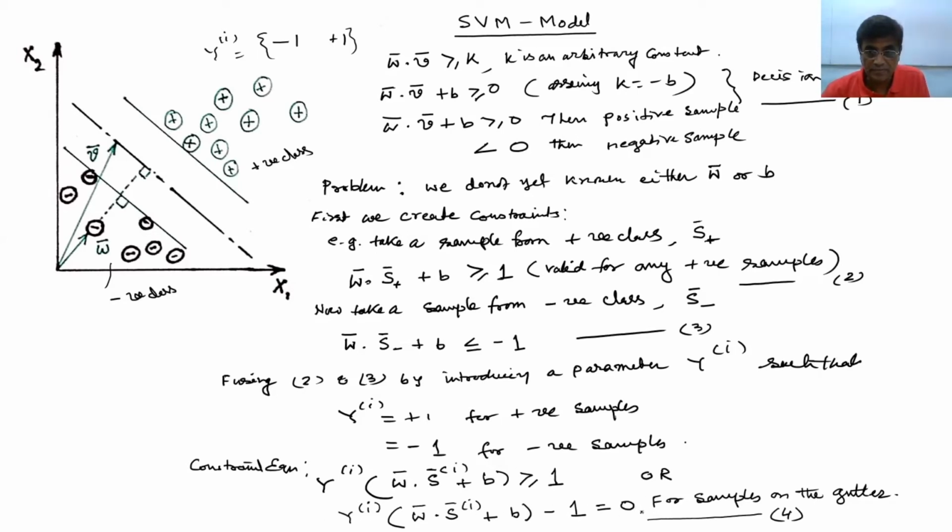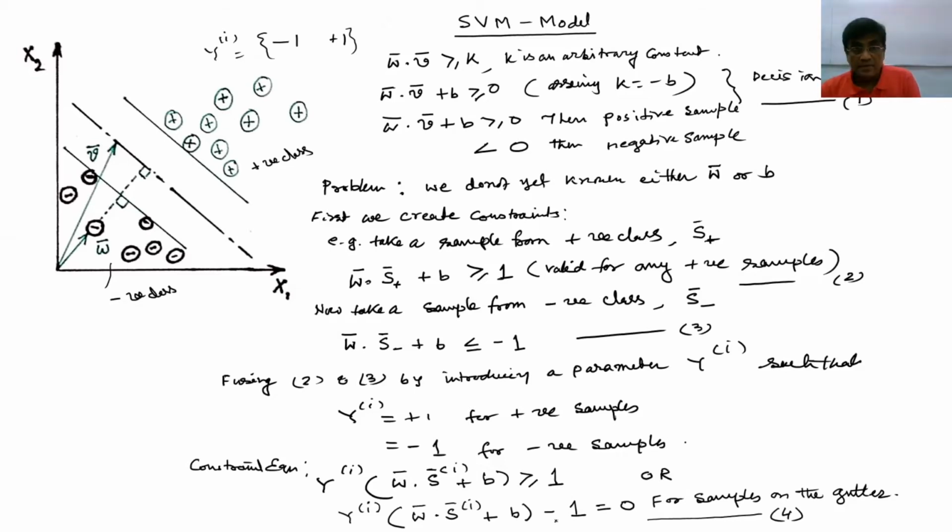So this constraint is a benchmark. If you want to be a support vector, that means support vectors are those vectors which are supporting the structure, as I told you, that they must be at the boundary of each class. So if you want to be a support vector, then you must follow this constraint.